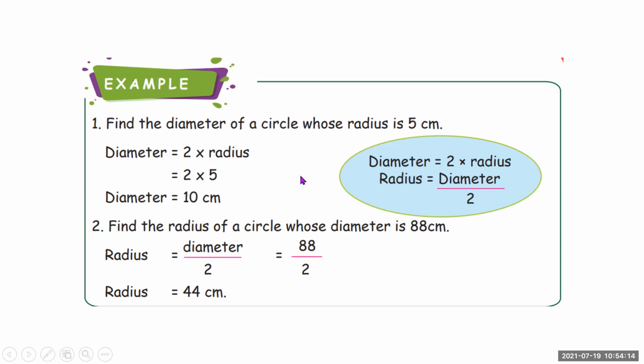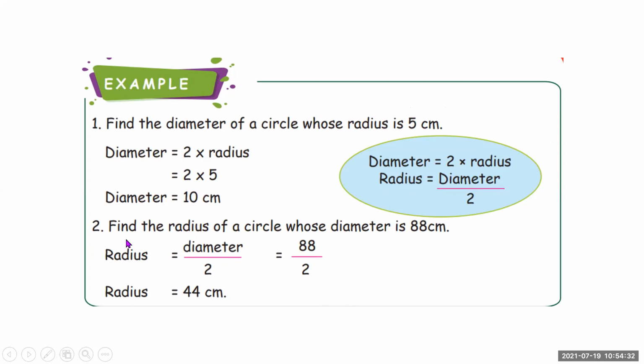So diameter is 2 times the radius. Also you can put it the other way around: radius is diameter divided by 2. So given here radius 5 centimeter, the diameter will be 2 times 5, 10 centimeter.